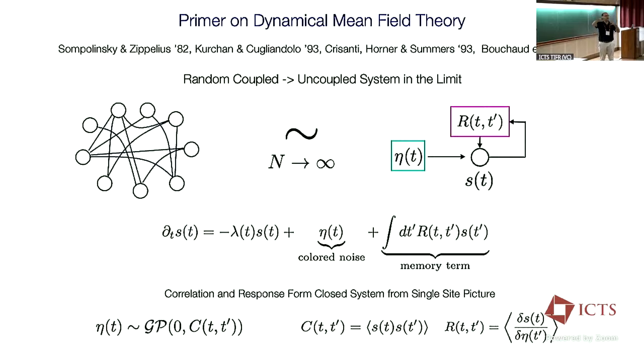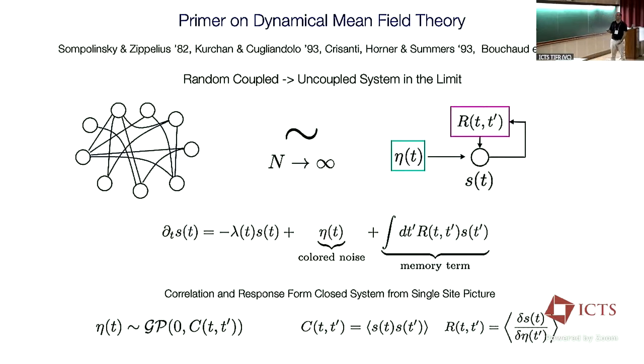So there's this map between them. So the idea is to reduce a large dimensional system into a single equation. Of course, to capture all the effects of interactions, you have to introduce correlations and memory. So that's the idea. Okay, good.